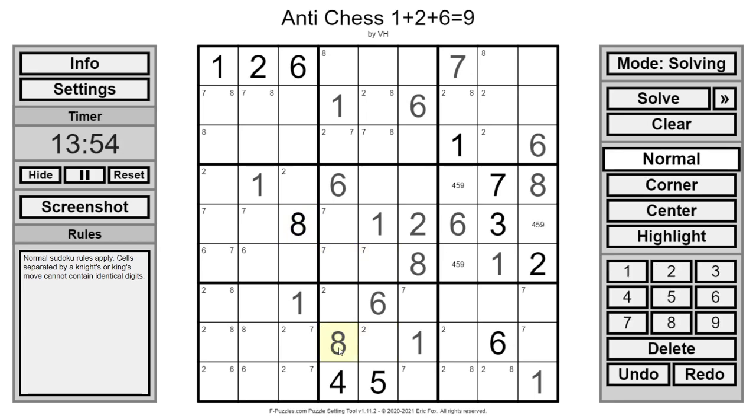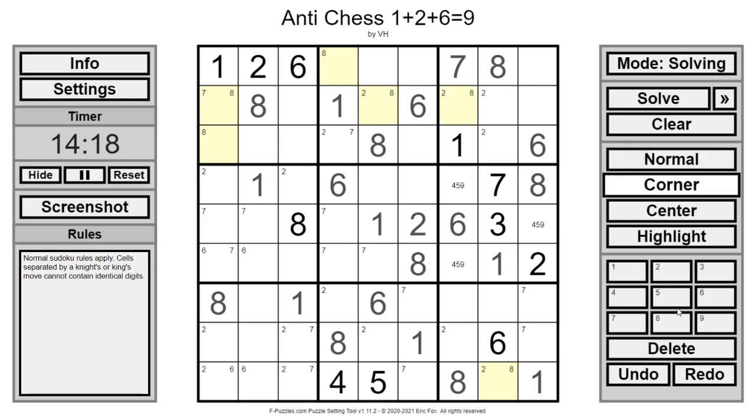Hopefully that wasn't on the board for too long. Just had to double check there that everything looked good. Looks good.